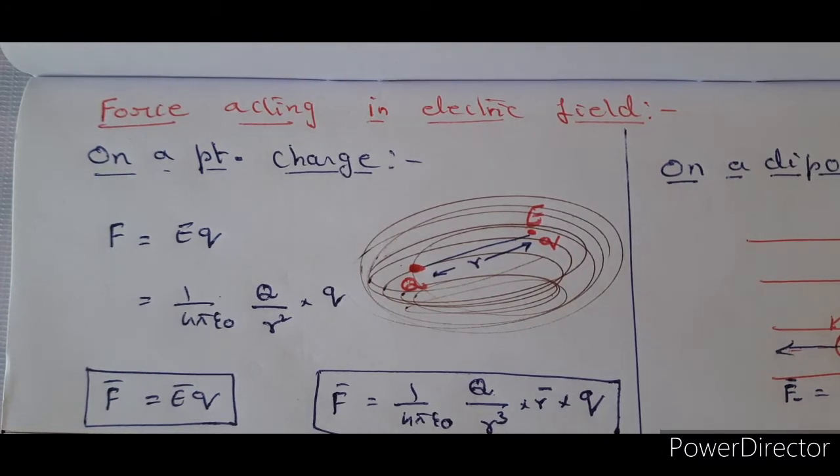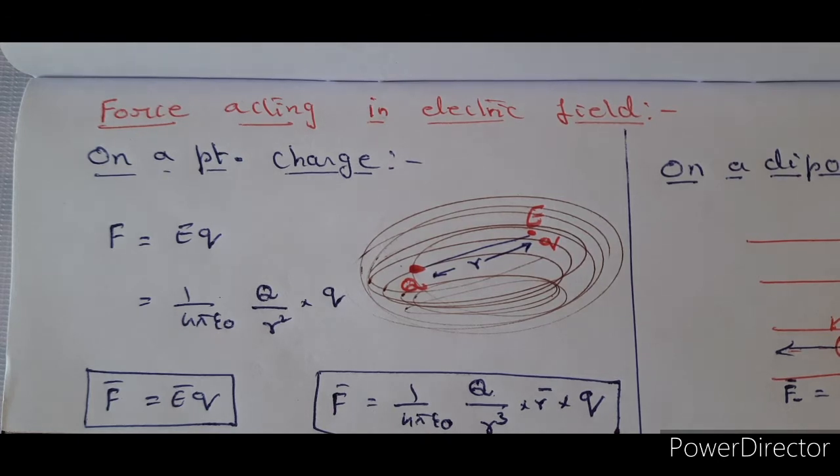Now let us see the mathematical approach, right, of force acting in an electric field on a point charge as well as on a dipole, and let us discuss it under both conditions, for uniform and non-uniform fields.